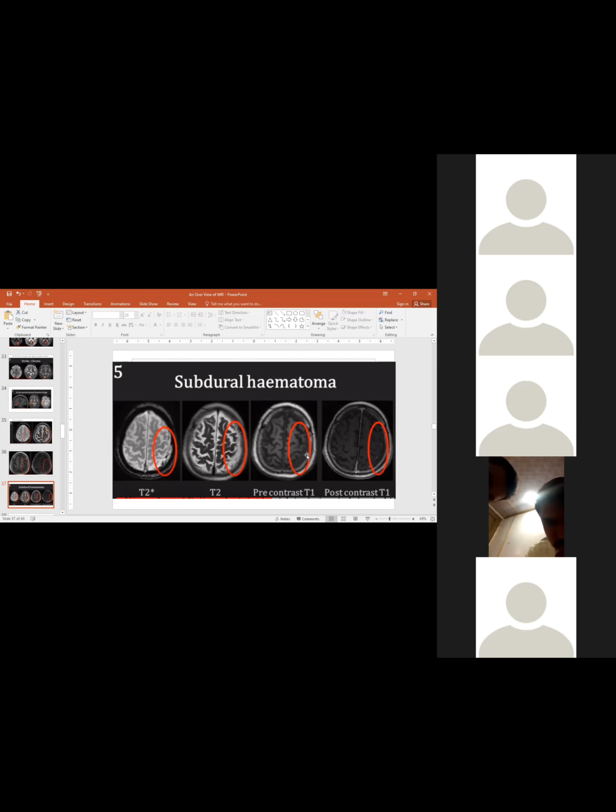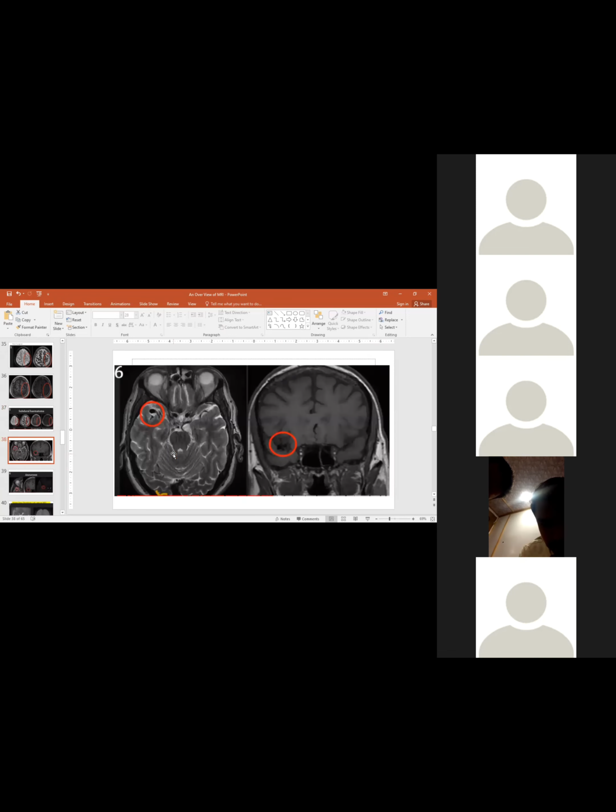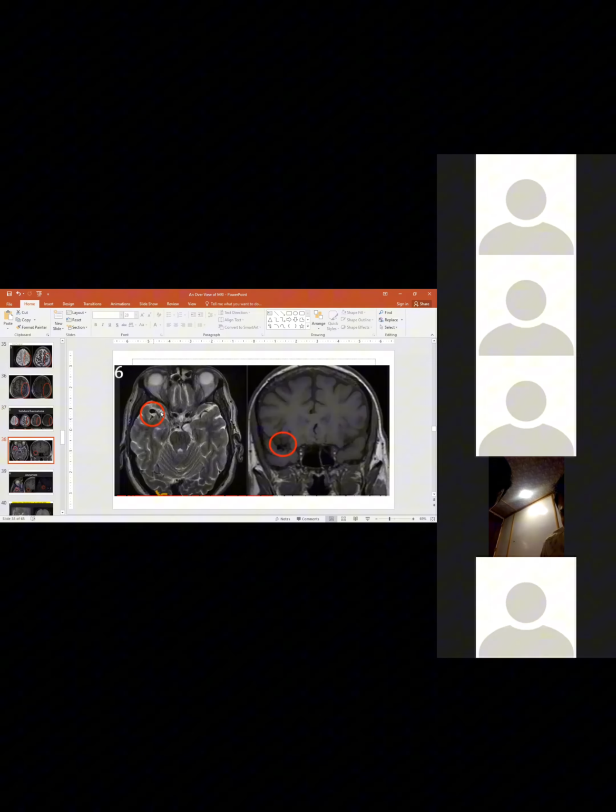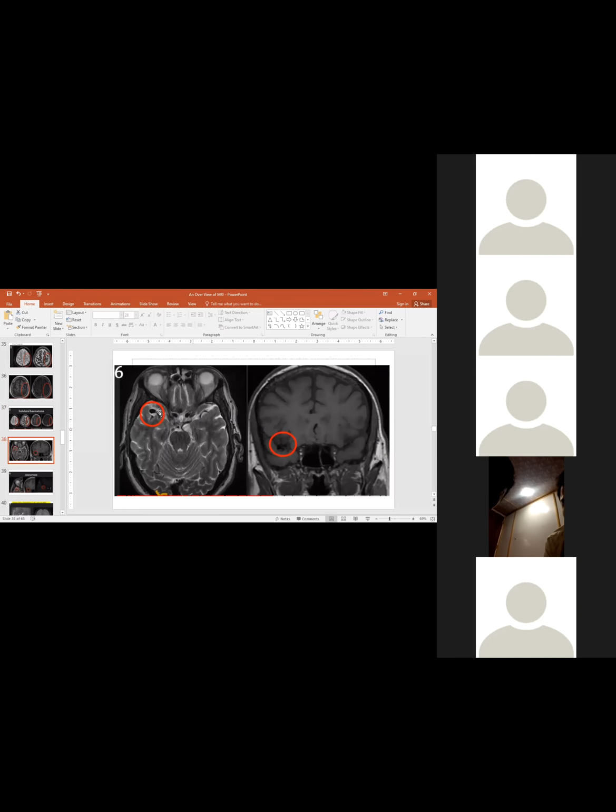In another case, she got MRI due to some CNS symptoms, and there was a low intensity area in the right side of the brain. This was the axial section, and this is the coronal section.